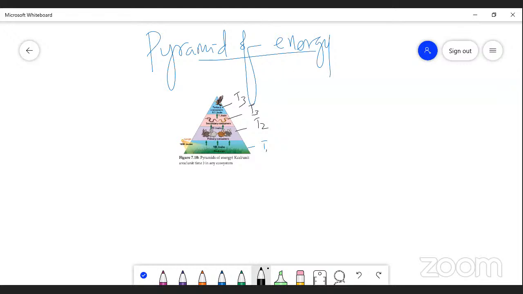So always the transfer of energy from one trophic level to another involves a decrease of energy, right? So it always forms an upright shape.